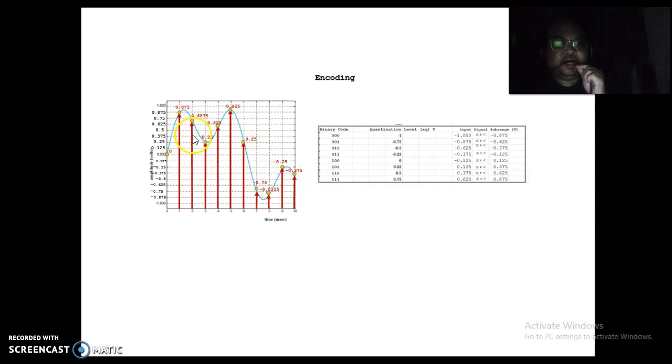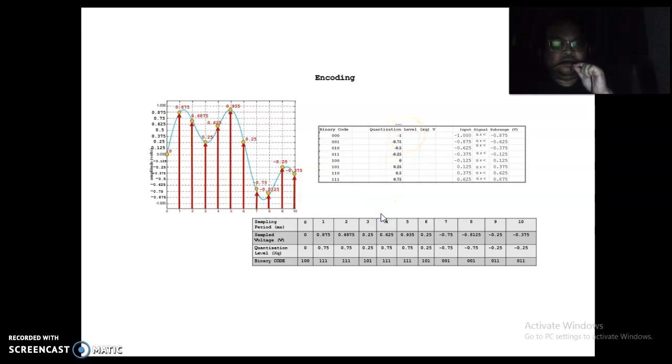For example, you have sampled voltages from the analog signal. Then we already get the table by substituting delta into the table. You can use Excel to solve faster. So we have the table.